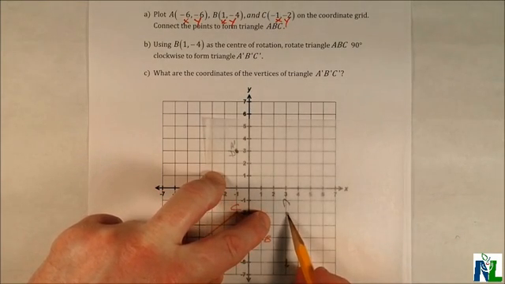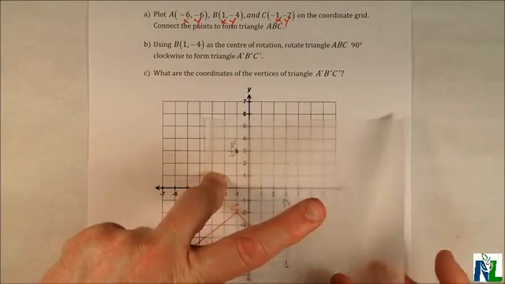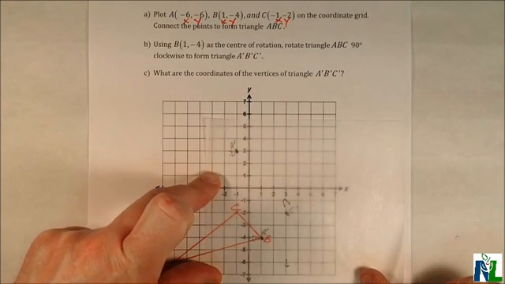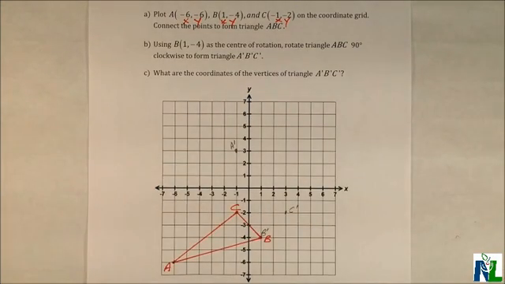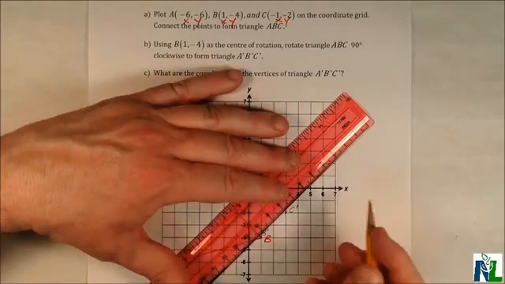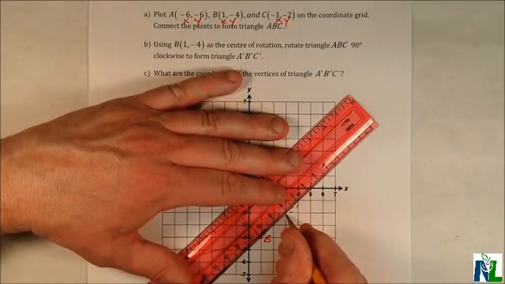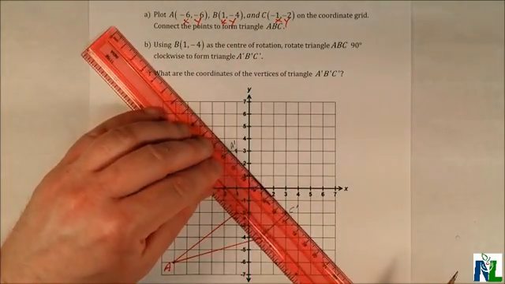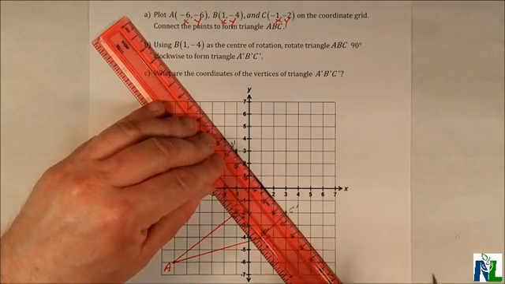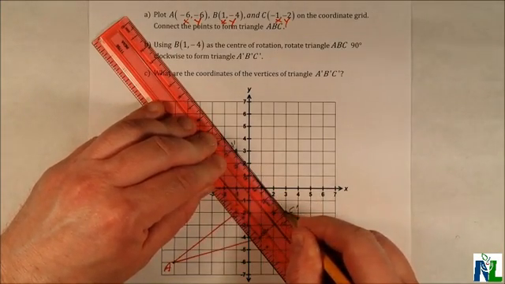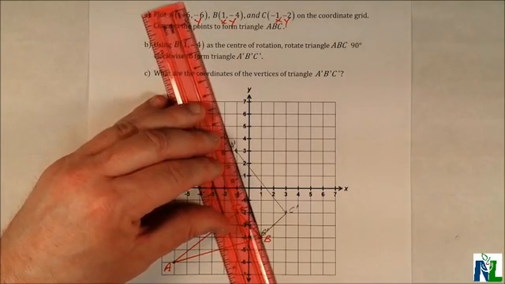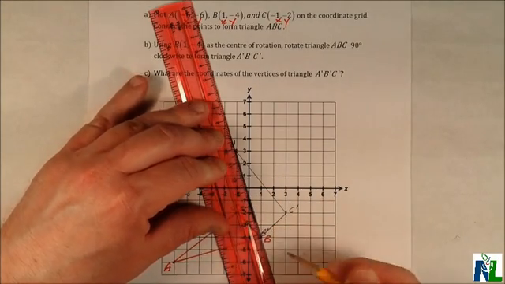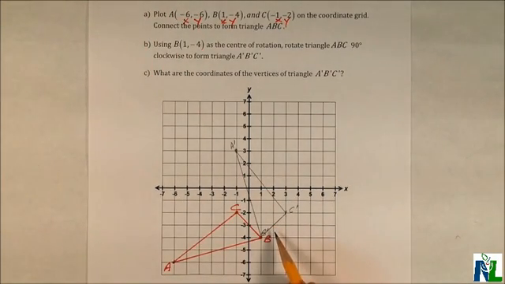C prime is going to be under C on the tracing paper. Now I'm going to join those 3 points. And thus we have now triangle A prime, B prime, C prime.